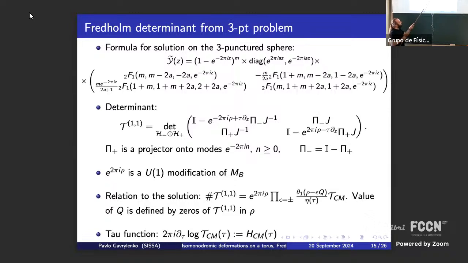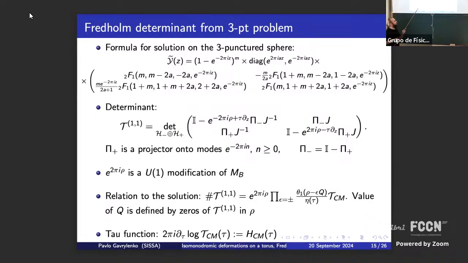these blocks, the bigger blocks of the matrix, correspond to positive and negative powers in z on the functions on the circle. So let's say positive and negative Fourier modes. So there is this determinant which consists of projection operators and the multiplication by this jump matrix, and also it contains this weight operator which measures the number of the Fourier mode.